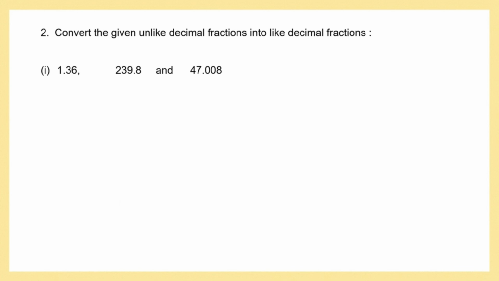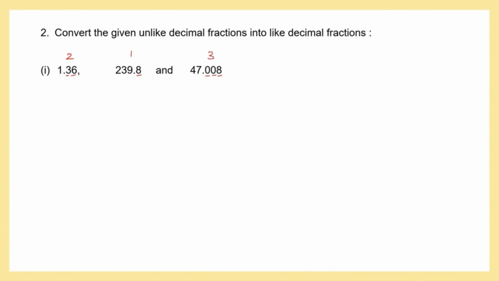Question 2. Convert the given unlike decimal fractions into like decimal fractions. Why are these called unlike decimal fractions? If you look carefully, the first number has 2 decimal places, the second number has only 1 decimal place and the third one has 3 decimal places.